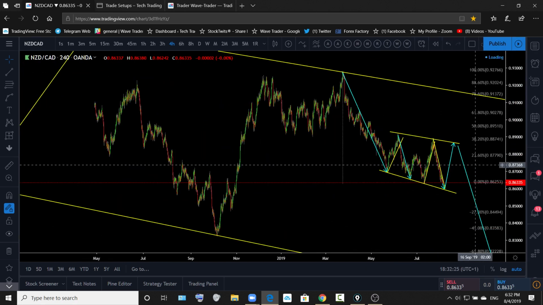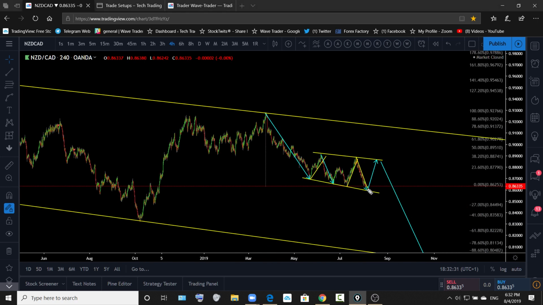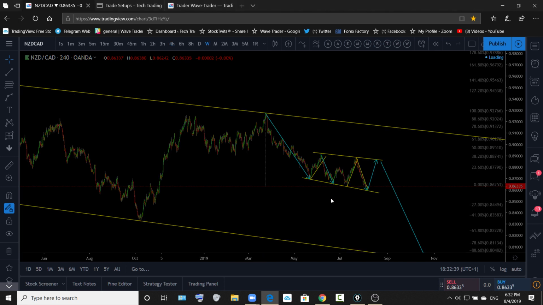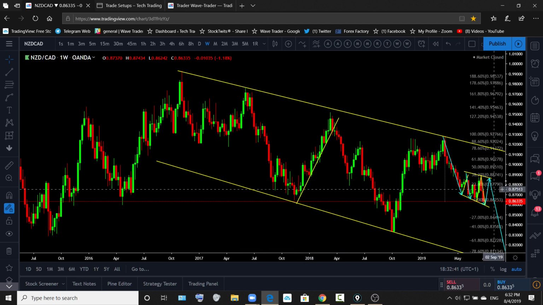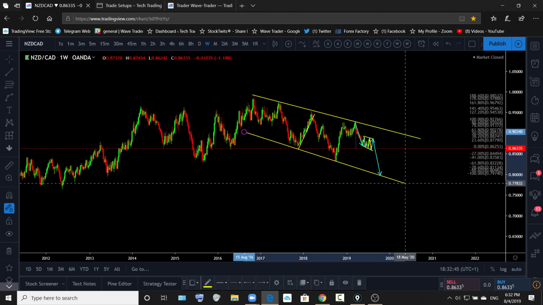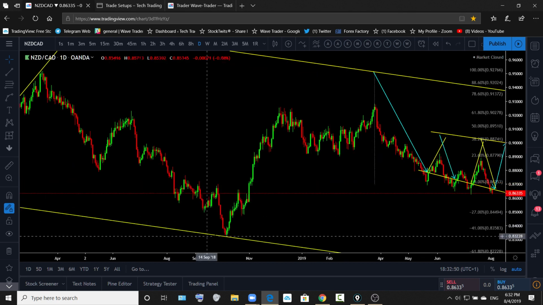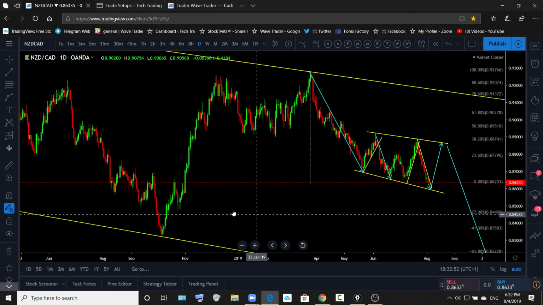We want this pair to bounce off from the bottom and go back up, and we'll see either we have a pattern formation for continuation to the downside on a bigger time frame, or something different. We are still within that descending channel, or price will find some price action there and then reverse.